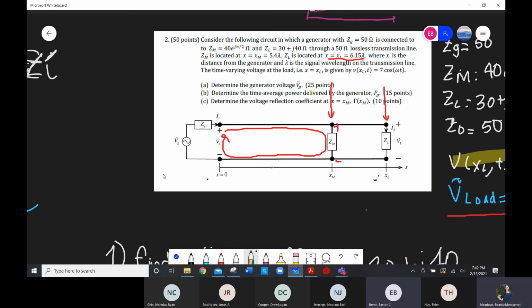So really, when you have two impedances like this, you have a certain amount of power that's transferred here, and that might not be all of the power, and then you'll have another amount of power being transferred here.